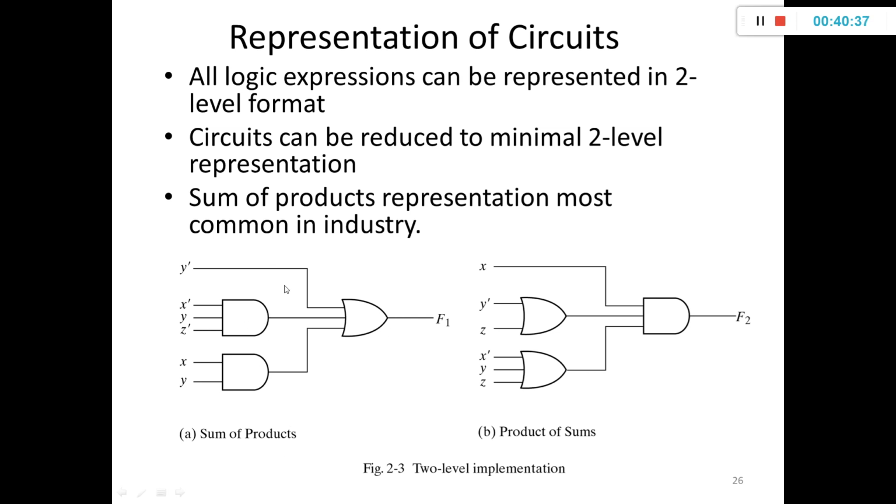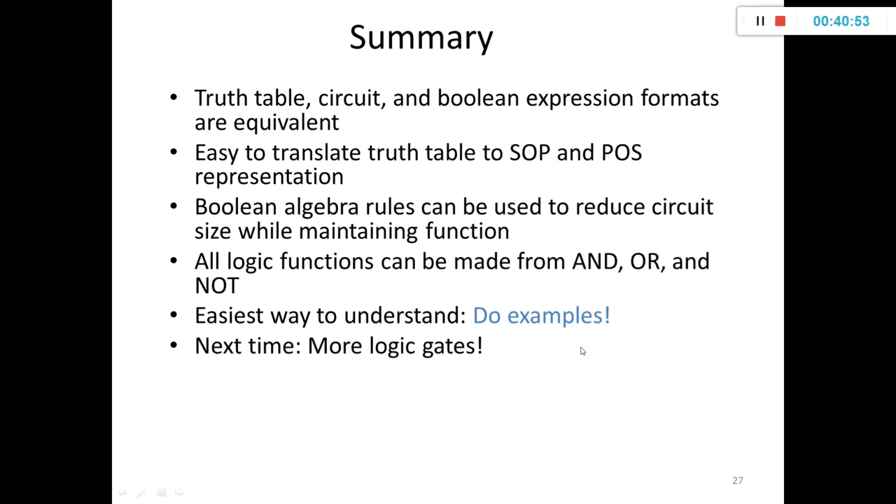The product terms are generated and then ORed together using an OR gate, that is sum of products. Next, the sum terms are ANDed together, that is product of sums.